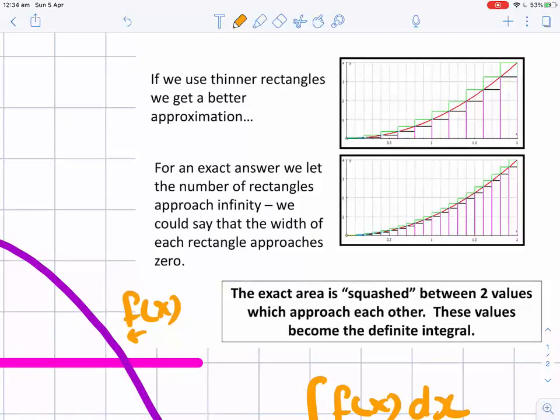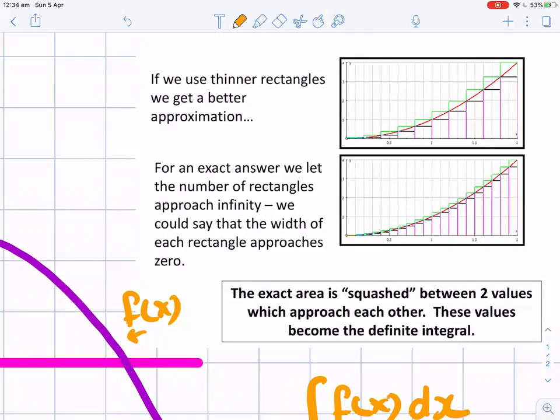The area is made up of many very thin rectangles, and the height of each of these rectangles represents y, or f of x.